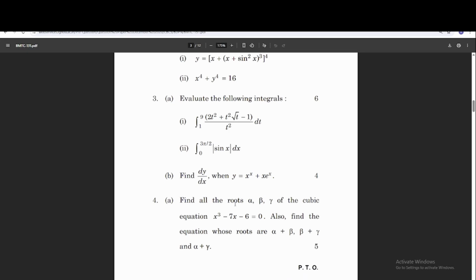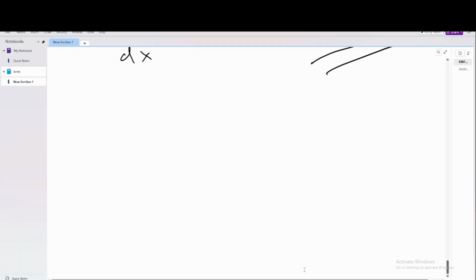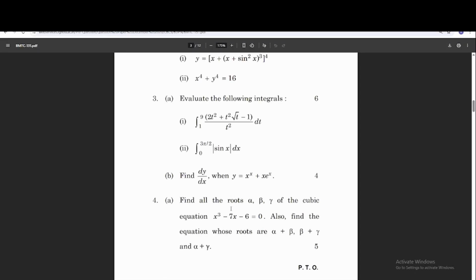So first we want to find the roots of the cubic equation. 4a. The cubic equation is x cube minus 7x minus 6 equal to 0.